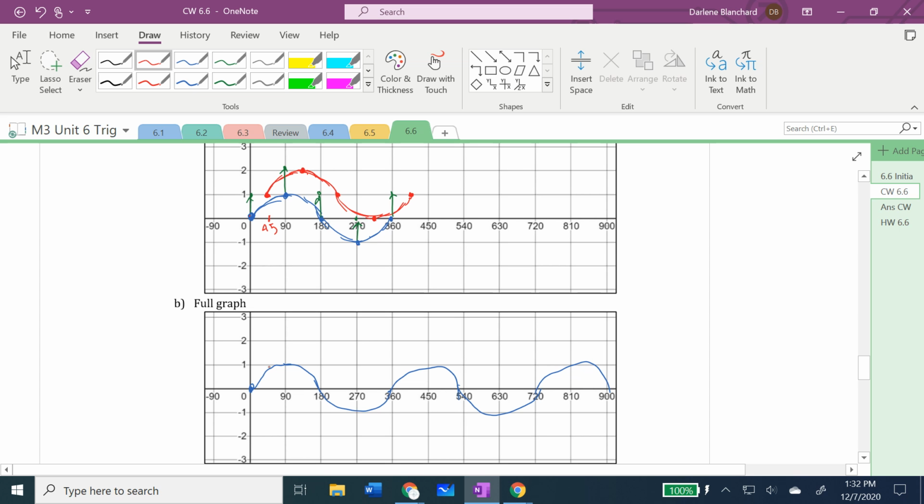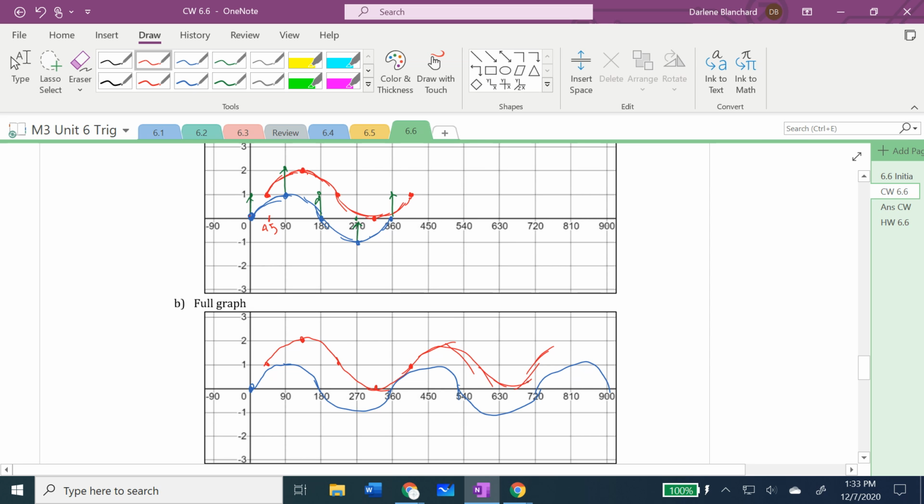Then I can see this other one starting a cycle here. And what I might want to do is draw some points to help me see where I should be going. And then do a relatively decent job just continuing that.